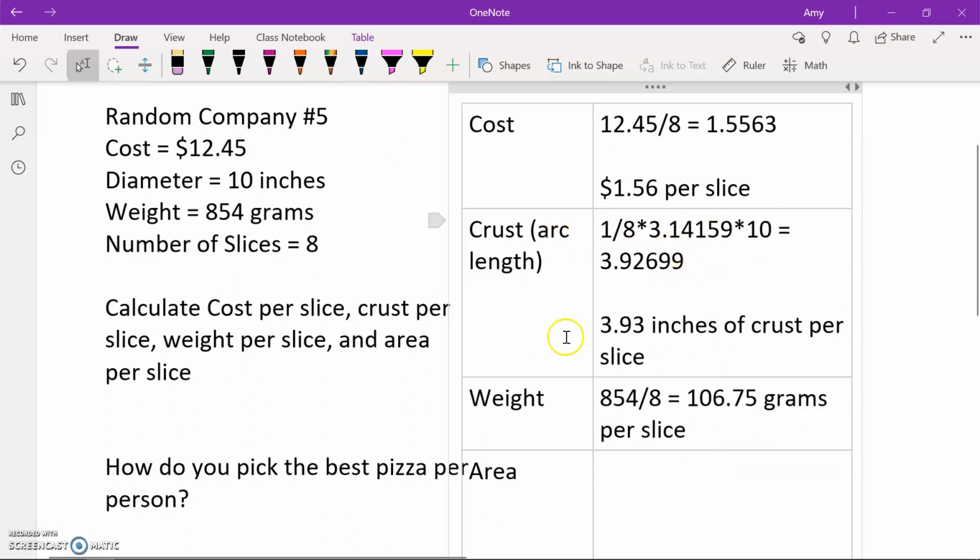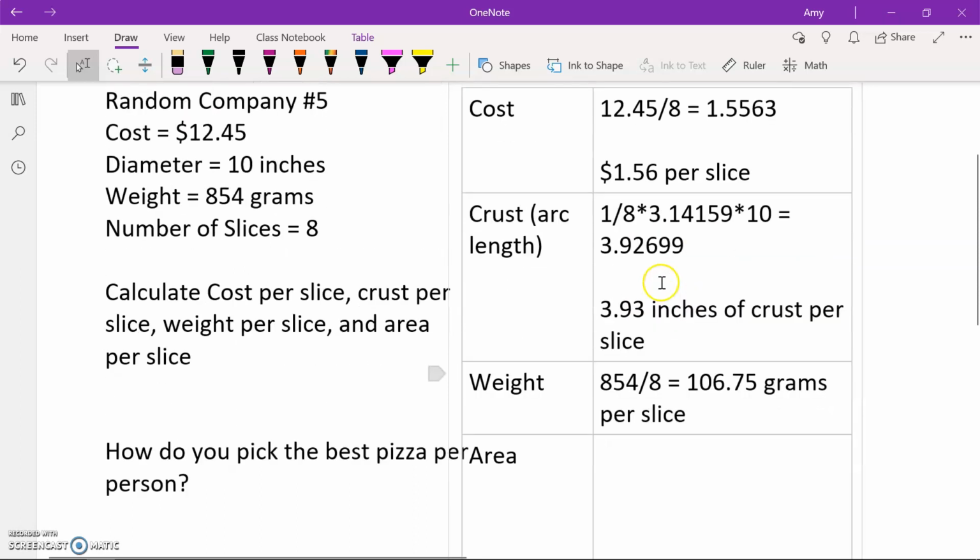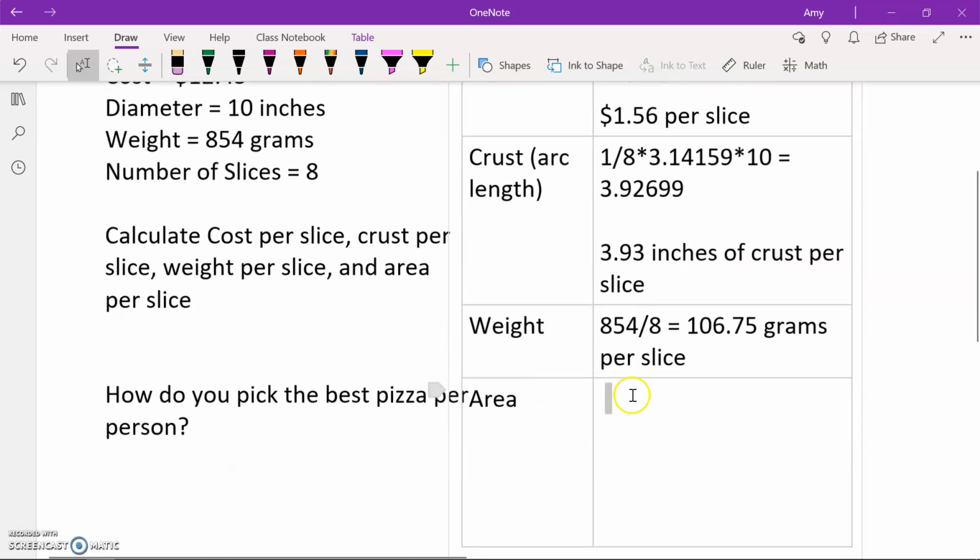So all I did here was calculate the arc length and then round my answer to 2 decimal places. We can also do the same thing with area. For area, we're going to want 1/8 of the total area of our pizza to get the area of one slice. So we could do 3.14159 times, and then it's pi r squared, so we're going to do 5 squared.